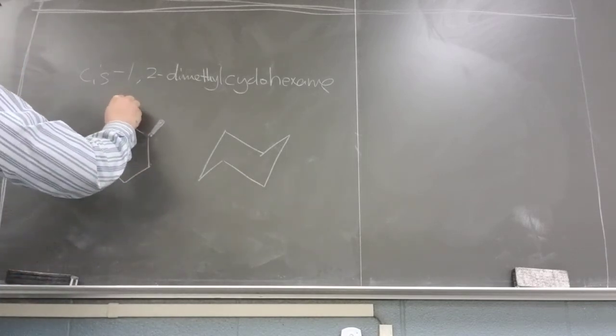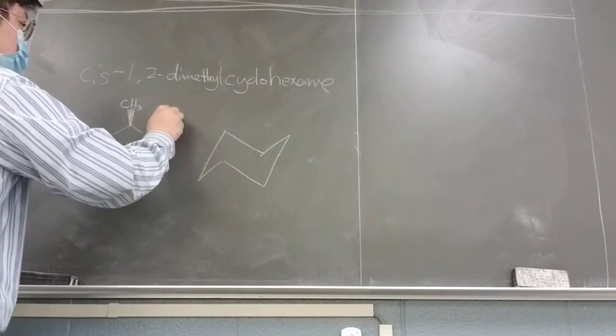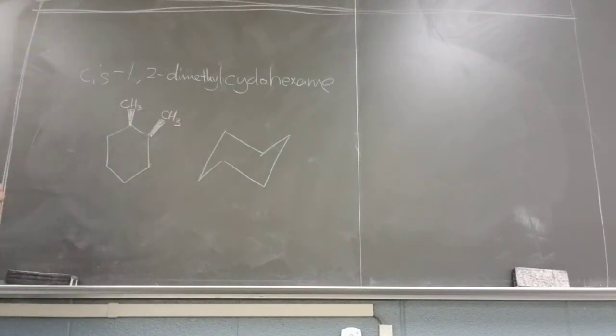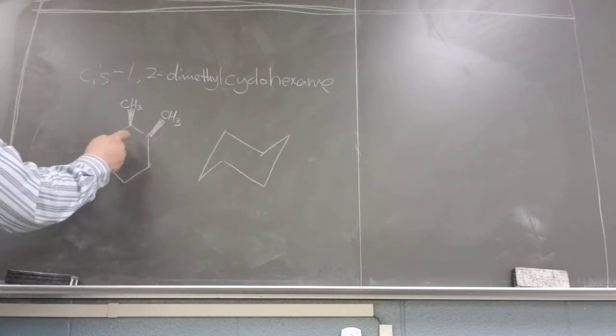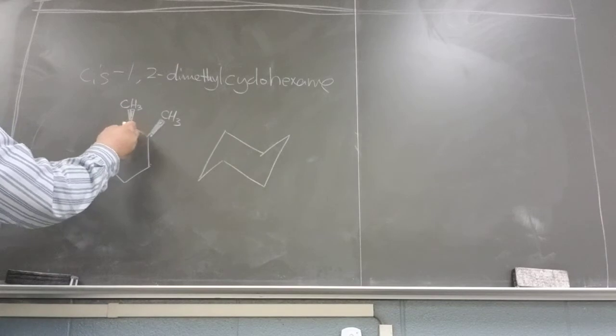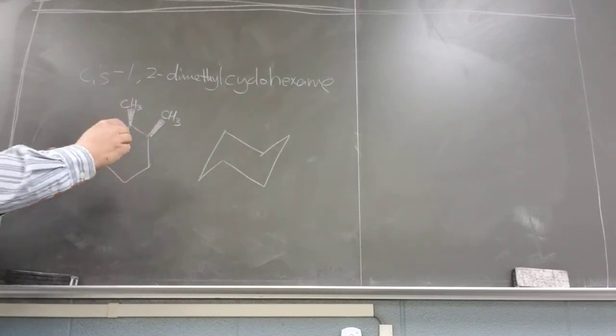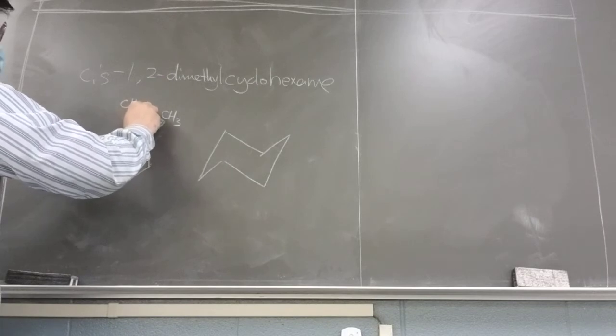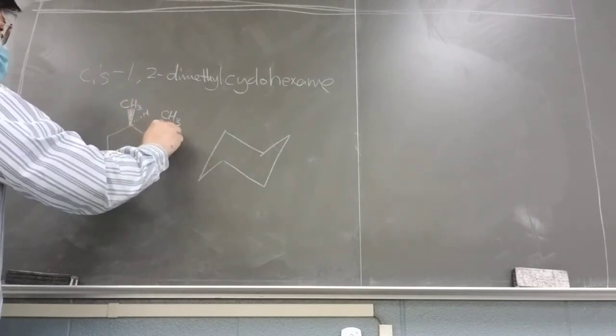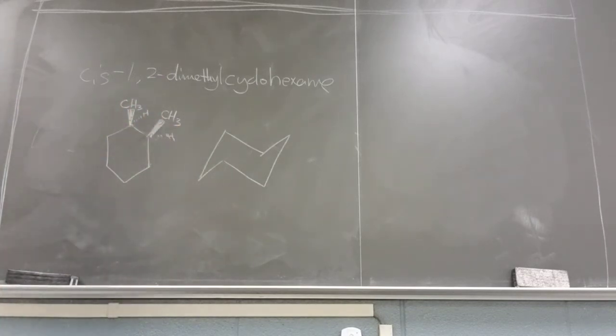So this is the cis 1,2-dimethylcyclohexane. You don't see the hydrogens here, but we always imply them. Just try to remember this one.